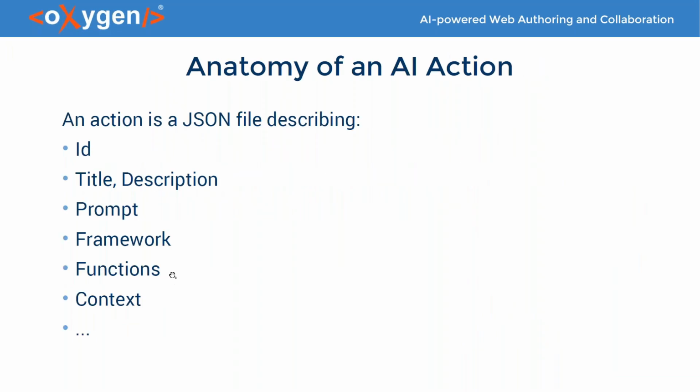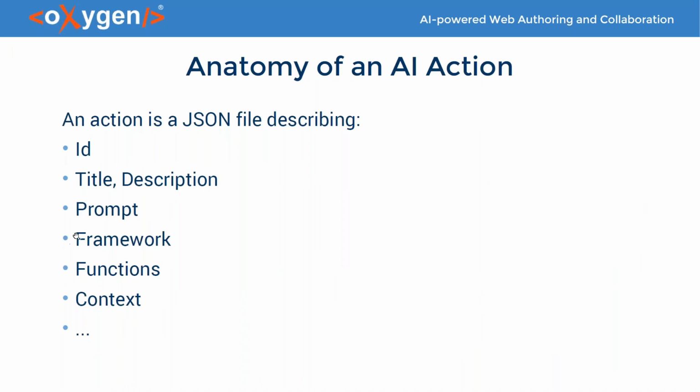And about the anatomy of an AI action, well, an AI action is simply a JSON file that describes the following. It describes the ID of the action, the title, the description. It contains the prompt.